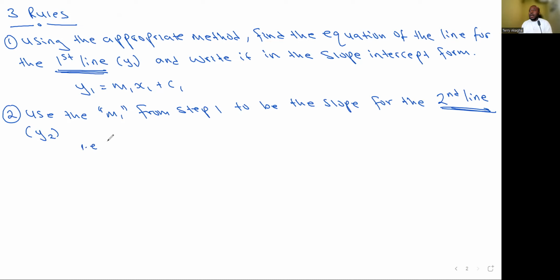Because we know that M1 must be equal to M2 if both lines are parallel, I'm going to use this M1 to be the slope for the second line.